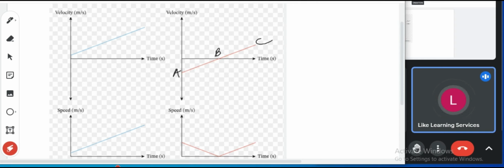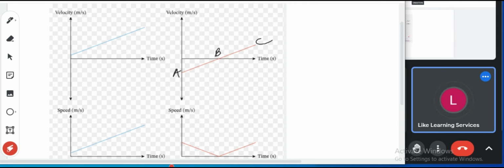A to B is a constant deceleration. B to C is what? B to C is constant acceleration. Does that make sense here? Constant deceleration, constant acceleration, for a speed against time.